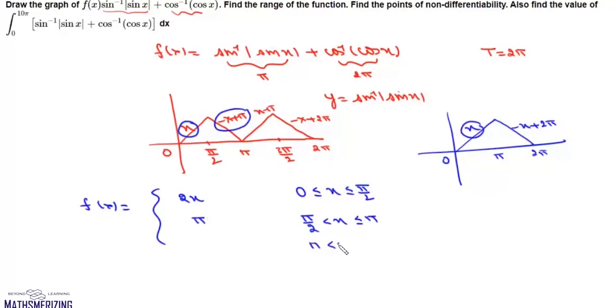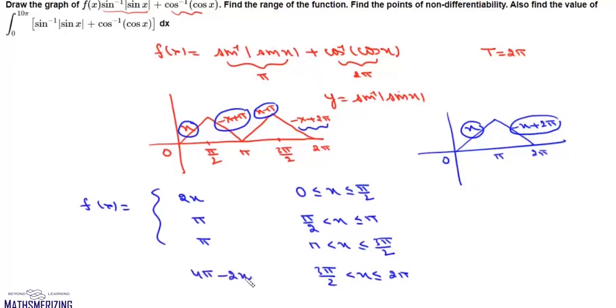Between pi and 3 pi by 2, the definition here is x minus pi, and here the definition is minus x plus 2 pi. So we'll add them, we'll again end up getting this value as pi. And then between 3 pi by 2 and 2 pi, this is minus x plus 2 pi, and it is also minus x plus 2 pi. So it will be 4 pi minus 2x.